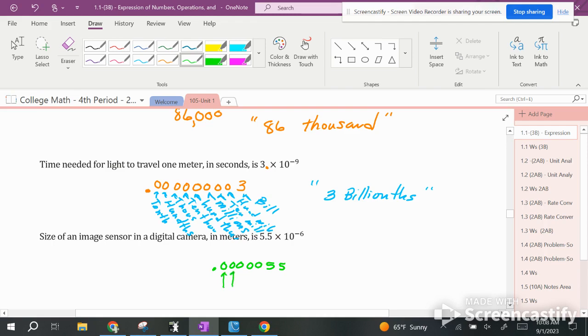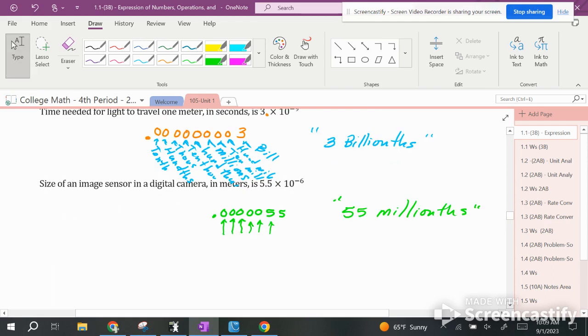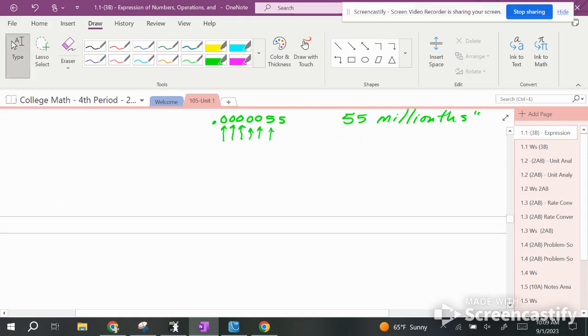Tenths, hundredths, thousandths, 10 thousandths, 100 thousandths. There you go. So 5.5 millionths. It's kind of interesting.